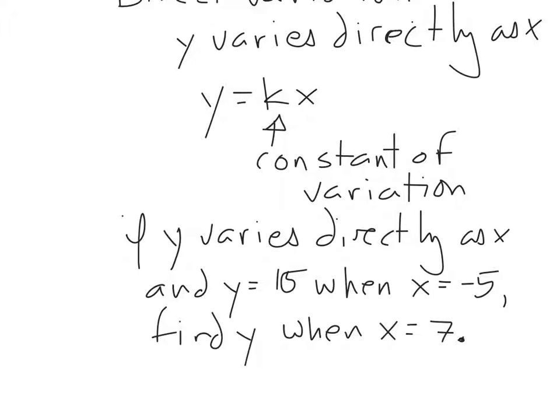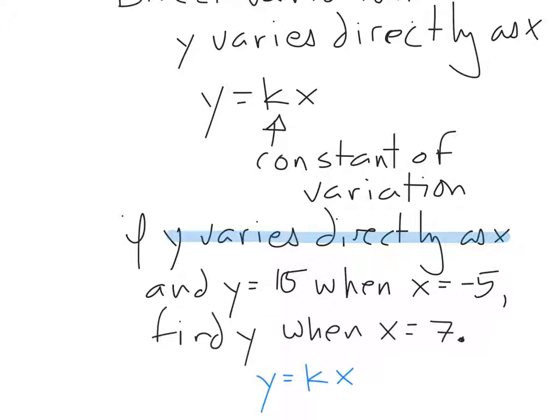Okay. Let me read through that again. If y varies directly as x. Now, that phrase right there, y varies directly as x, should lead to the following formula: y equals kx.